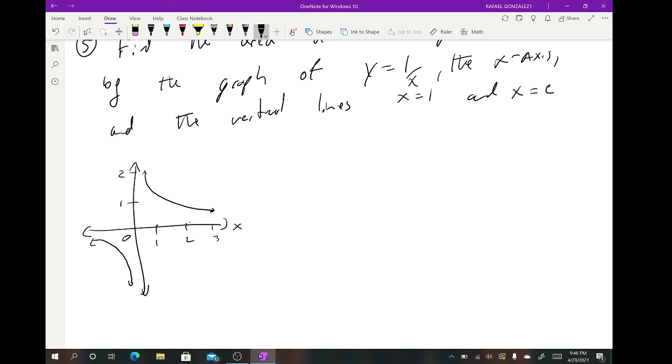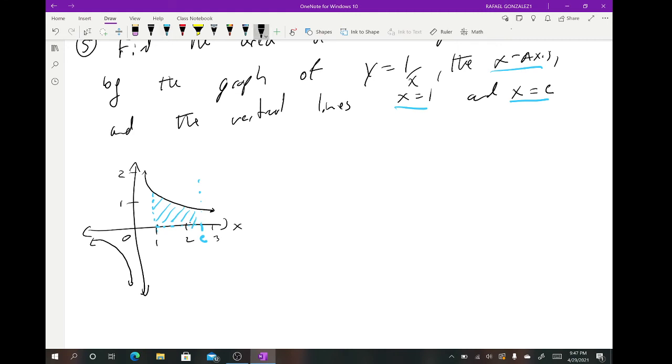Now the area that we're interested in is the area bounded by the lines x equals 1, x equals e, and the x-axis. So that will be x equals 1 right here. E, Euler's number, is between 2 and 3, so that will be this line right here, and the x-axis right here. So that will correspond to this shaded area.